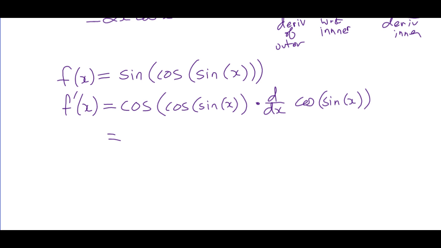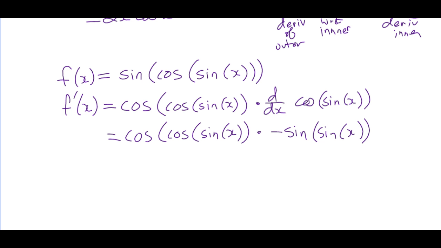So we've got the cos of the sine of x times, well, it's okay, we're just doing the same thing again, right? Derivative of the outer, so it'll be minus sine with respect to the inner. So minus sine of the sine of x times the derivative of the inner.